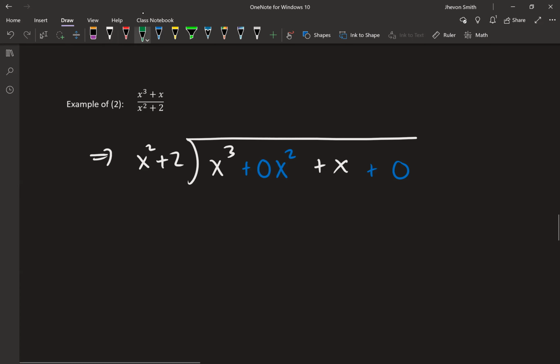You take the first term divided into the first term. So you take x squared divided into x cubed, and you're going to be left with x, because x cubed divided by x squared is x.